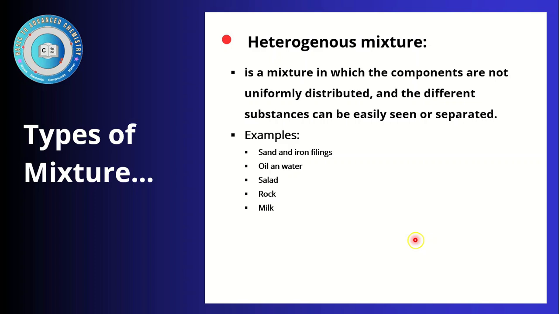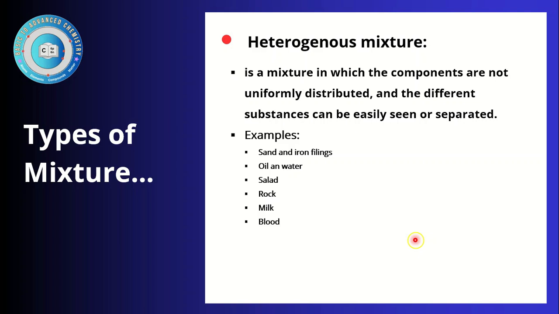Milk. Milk is a mixture of different nutrients. It includes fat, water, and so on. Even though it looks uniformly distributed, we can identify the components by using a simple microscope. Blood is a mixture of white blood cells, red blood cells, and platelets.